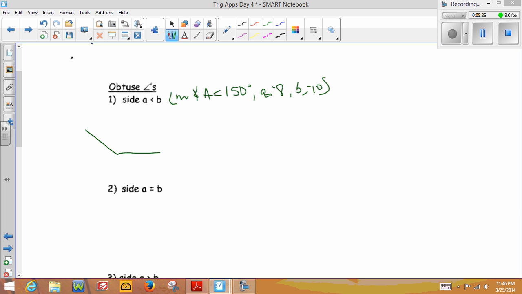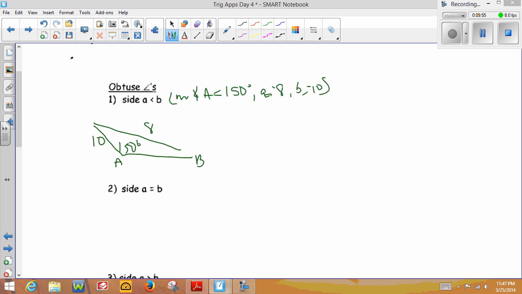So A is an obtuse angle. Oh, that's not a good triangle. Try that one again. And then this is B. A is 8. B is 10. Is that possible to have a triangle that is like that?